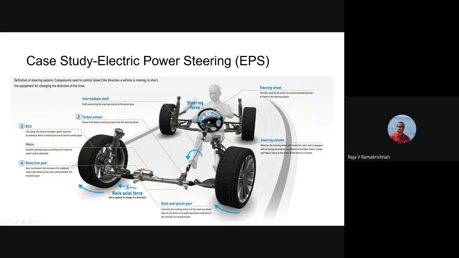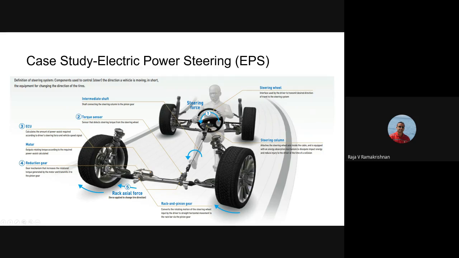We have something called a torque sensor here, where we sense how much torque the driver is providing while steering. Once we sense the torque, we send that signal to our controller and the motor, which is in the rack. This is the rack which steers the vehicle.